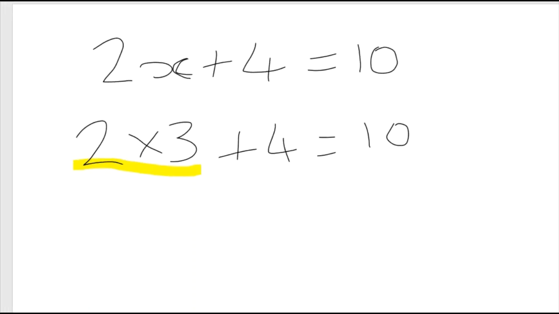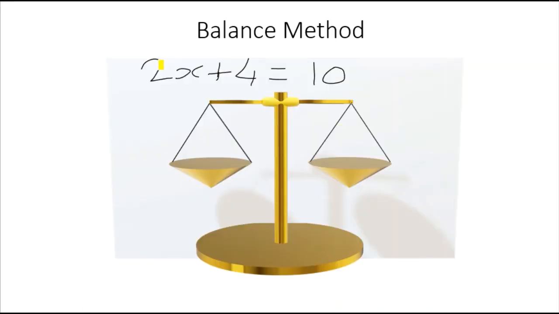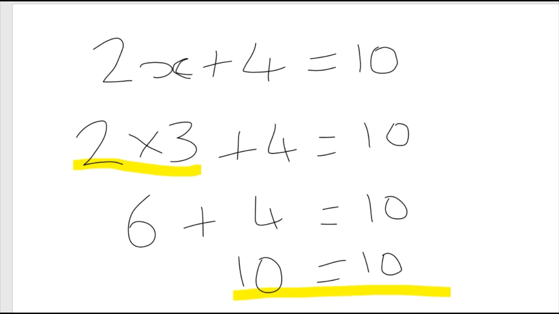So 2 times 3 is 6, plus the 4 equals 10, so 10 equals 10. As you can see, this is now balanced. We have the same number on both sides, and therefore if we go back to the weighing scale, this has to equal this in order for the weighing scale to stay on the same level. And as we can see, it does, because 10 equals 10.